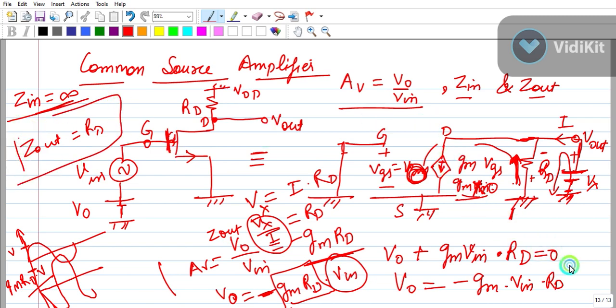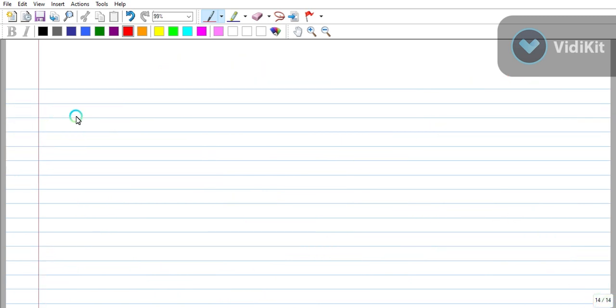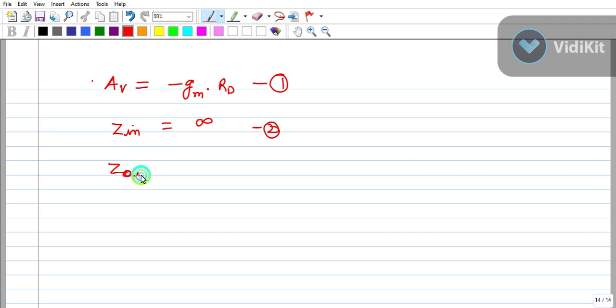Let's go to the next page and let me write all observations. From the common source amplifier, we have calculated the voltage gain, that is minus Gm dot Rd, the very first, and Z in equal to infinite, number 2, and Z out equal to Rd, third.